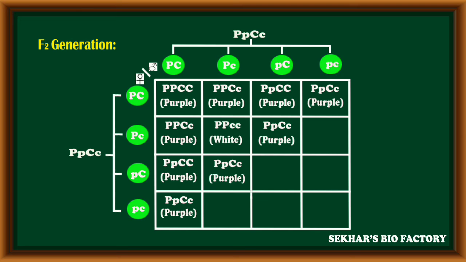The next combination becomes capital P, small c. In this combination, only one gene has a dominant allele but the other gene has recessive alleles, especially in homozygous condition, so that due to absence of dominant allele in the second gene, it never produces C enzyme, only P enzyme is produced.